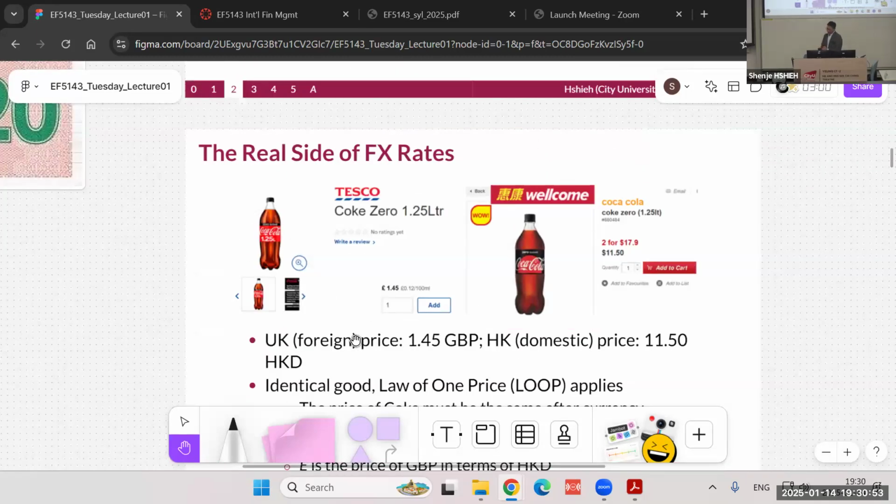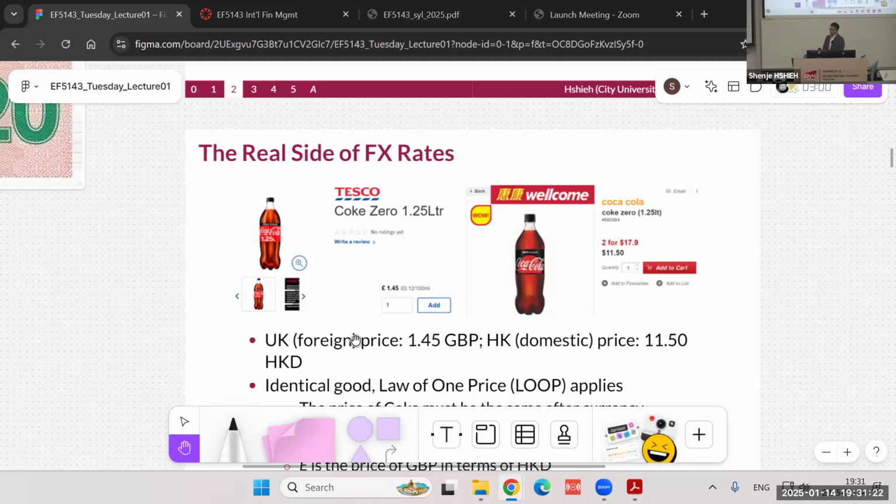So I will talk about pricing currencies essentially in two ways. The first way, which is probably most obvious to you, is to think about pricing foreign currency using financial assets, which we will do next week, okay? Today, I want to just give you the intuition of why there should only be one exchange rate, or what that one single exchange rate should be and what it represents, okay?